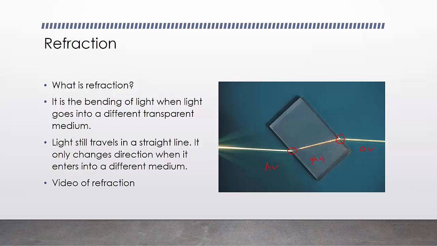So let's look at a video of refraction. Right now you have this beam of light. Let's see what will happen if we place some glass over it. You see that the glass is over here, and right now you turn the glass, you notice that the light ray changes direction.